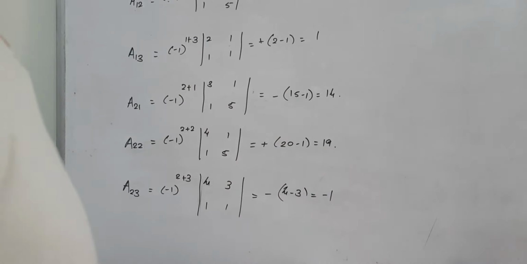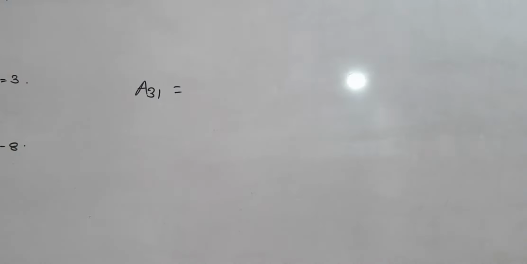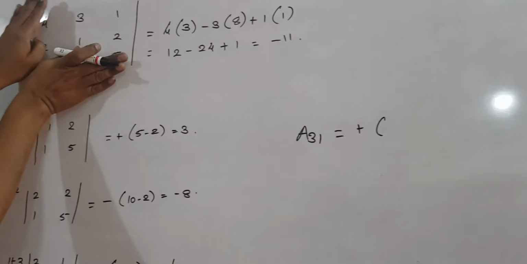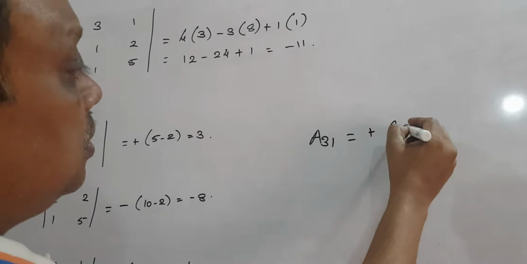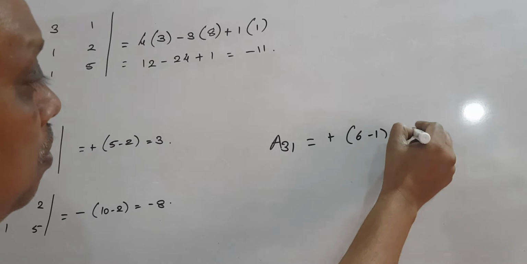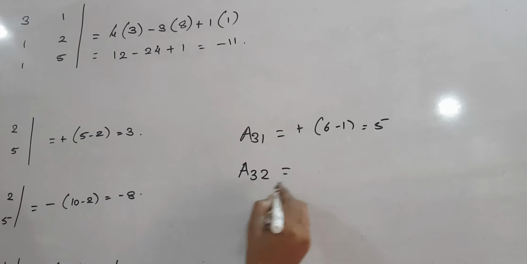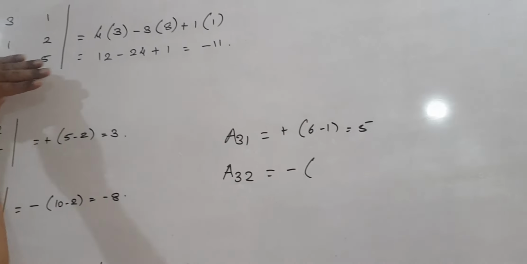Minus 1. अब उसी तरह आप ढूंढ सकते हैं A31. So minus 1 raised to 4 is plus. First row, first column. So 6 minus 1 is 5. I'm not writing it out. A32: so minus 1 raised to 5 is minus. Just do it like this.